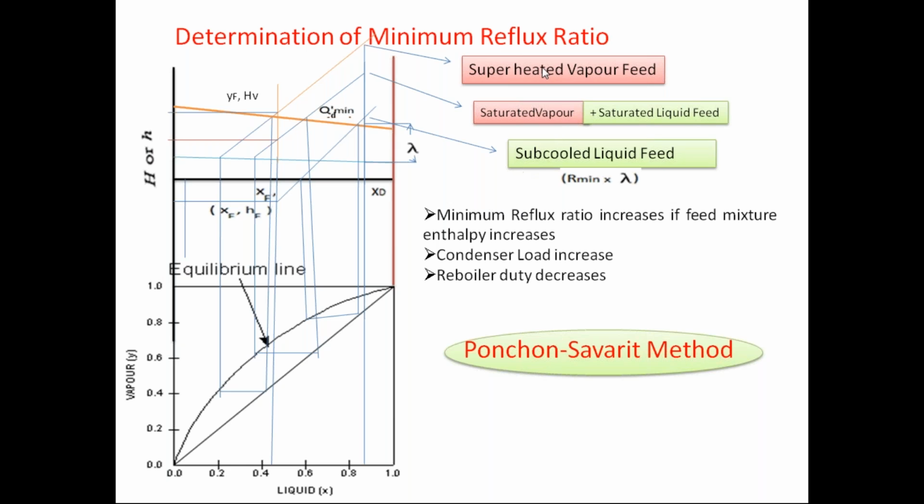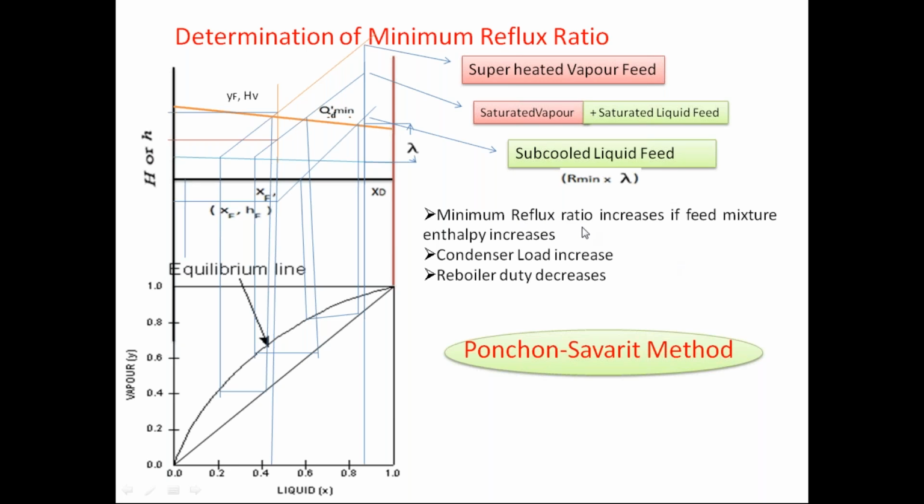So you can say that the minimum reflux ratio is maximum for the superheated vapor, minimum for the subcooled liquid. So you can put a descending order for the minimum reflux ratio.